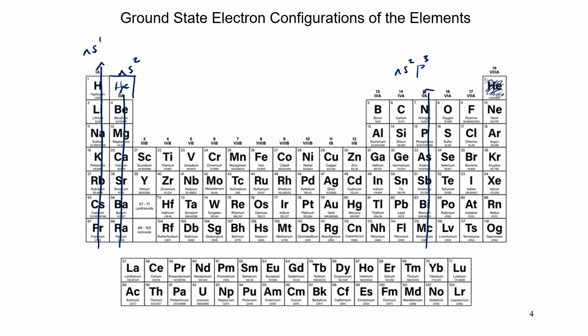The transition metals are the same, right? If we chose this group, for example, it'd be ns2 and then (n-1)d3, right? Remember that the d block is all shifted by 1. And so if we were in period 5, for example, we were looking at niobium, Nb, it would be 5s2, but then 4d3.